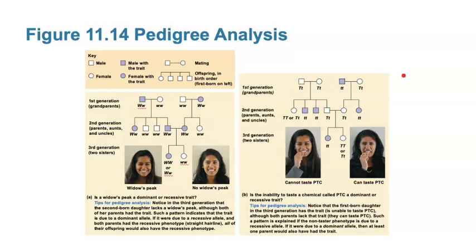It's the same family that's being analyzed, but for a different characteristic. And in this case, the characteristic is whether or not they can taste a substance called PTC. If you can taste PTC, it tastes very bitter, which is why she's making this face right here. She can taste this bitter thing.